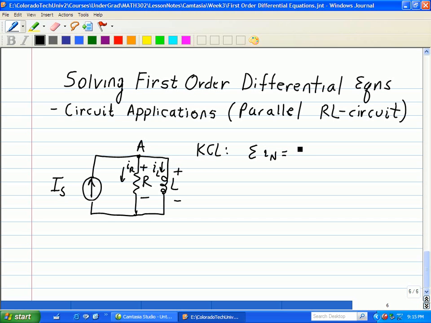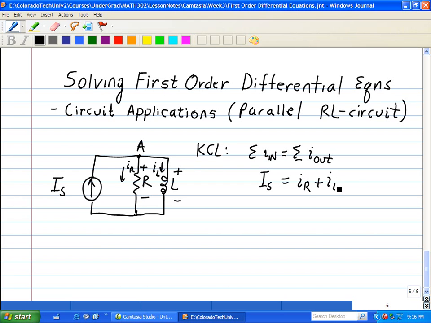is equal to the sum of the outgoing currents. So our incoming current is denoted as I_S, and our outgoing currents is denoted as I_R plus I_L.